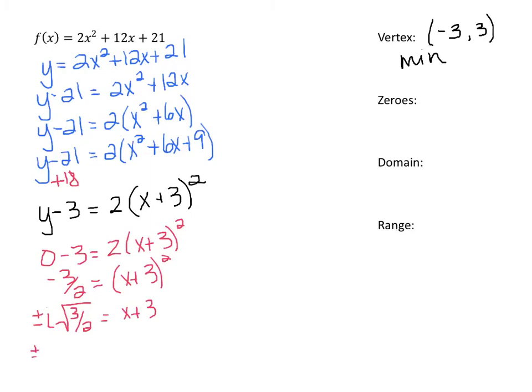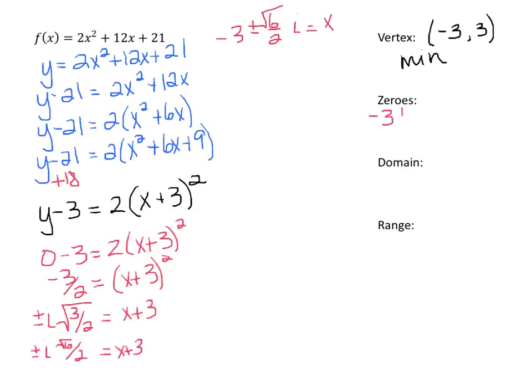So that gives me plus or minus i times the square root of 6 over 2. I'm going to continue this up here. These are my zeros. They are complex zeros. There are no real zeros. So it's -3 plus or minus the square root of 6 over 2 i.